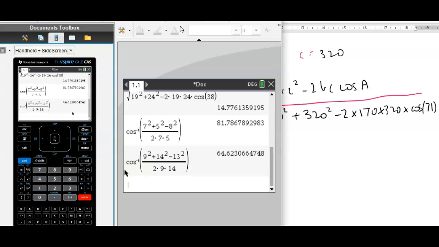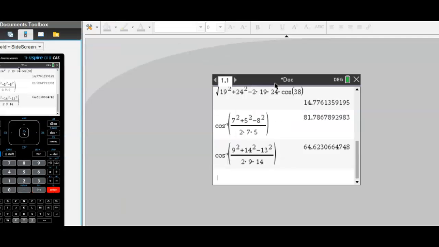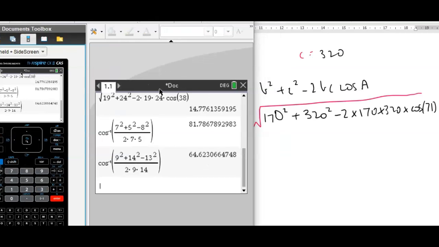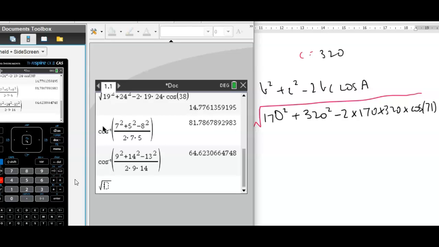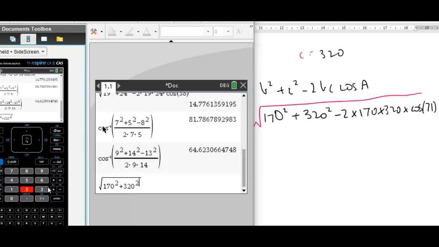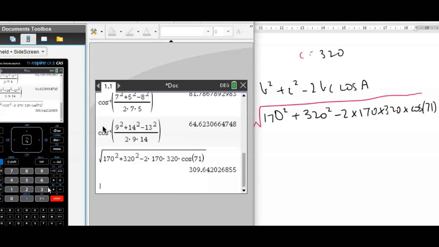Okay, let's put it into our calculator. Oops, I don't want the whole thing, otherwise I can't see my numbers. Okay, so the square root of 170 squared plus 320 squared minus 2 times 170 times 320 times cos 71.